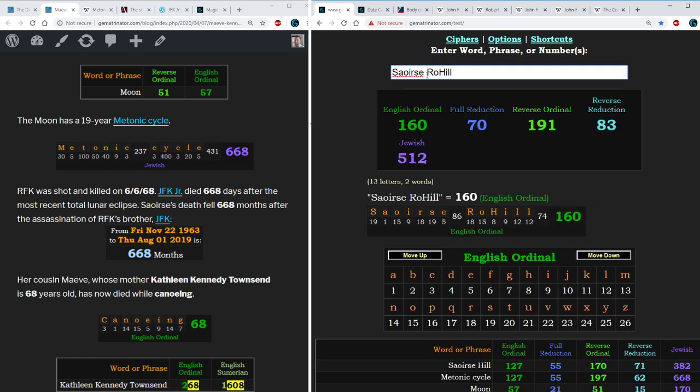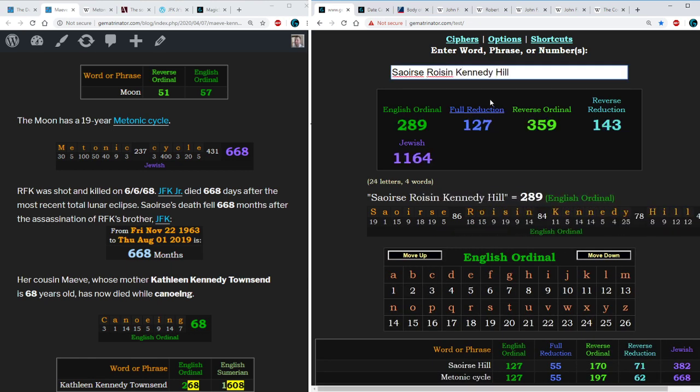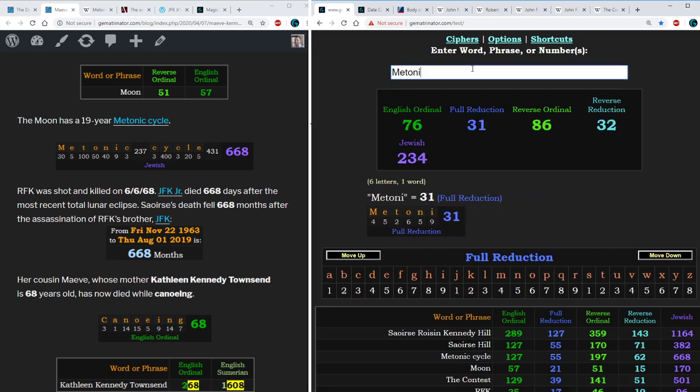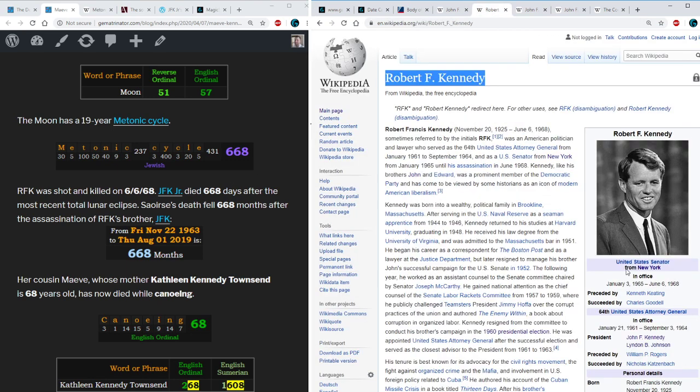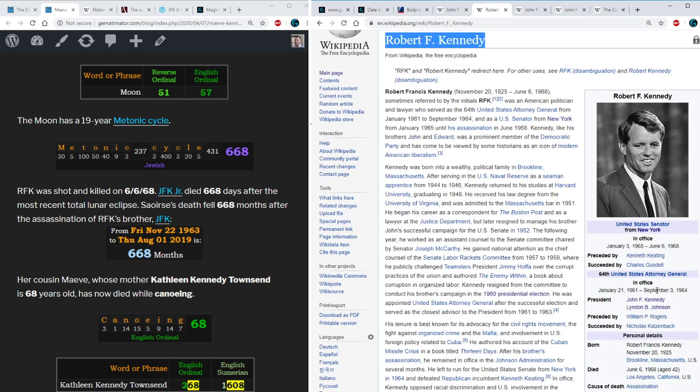Her full name, in fact, 127. But in Jewish gematria, metonic cycle equals 668. And think about the date that RFK died, 6/6/68, right?